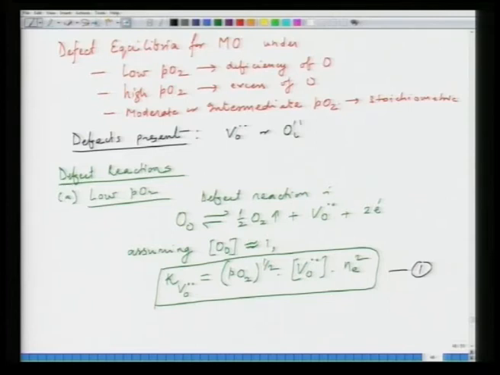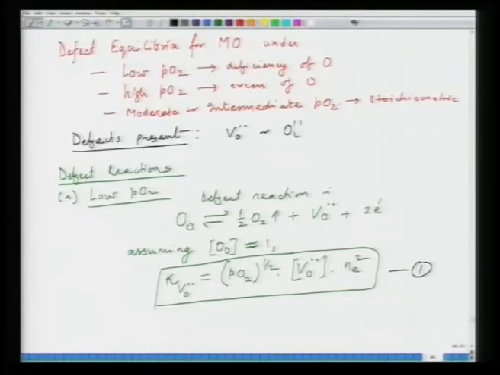And suppose you have a material which prefers Schottky defect in the stoichiometric condition, which means you have vacancies of metal and oxygen, which means that the concentration of these defects also follow in higher and lower pressure regime. In that case, you will not have interstitials, but you will have vacancies as dominant defects.